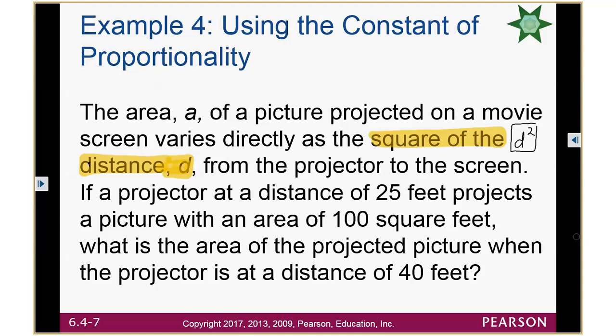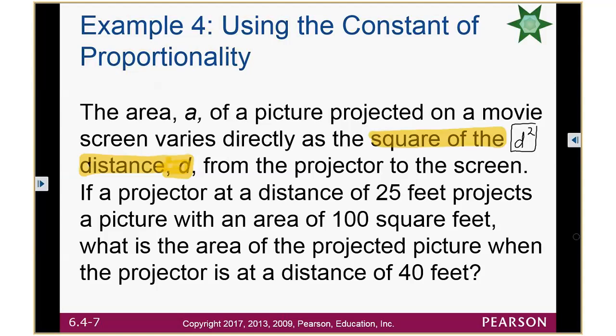Most of the time students will take the square root. Do not do that. So to lessen the confusion, I just highlight this and I tell students when you see the square of the distance, the square of the height, H, the square of the weight, W, you just put W or H or D and you put it to the second power. Everybody with me? Thank you, one person. I appreciate it. Okay, I'm sorry, 2 people.